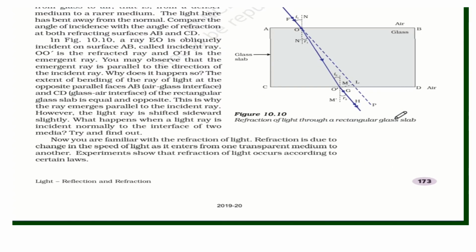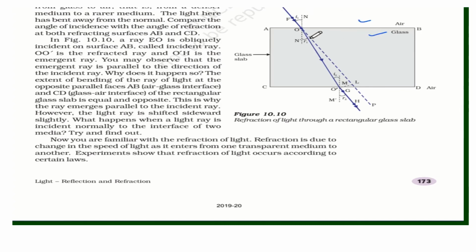When light travels from air to glass, it will bend toward the normal. This is your normal, and it will bend toward the normal. And here, when light travels from glass to air, it will bend away from the normal.